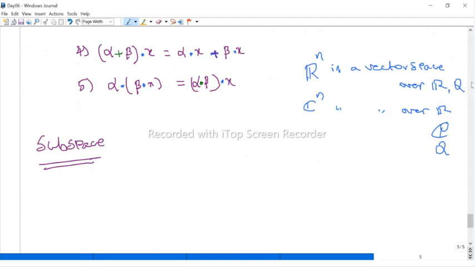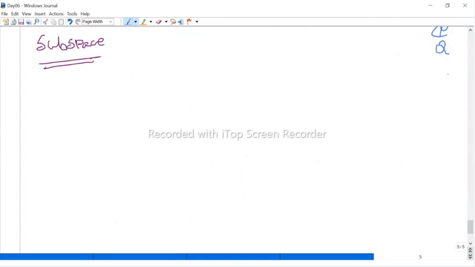So Rn is a vector space over R. You can see Rn is a vector space over Q also, but you cannot see it over C, because it does not satisfy the scalar multiplication. Anyway, I leave the examples of vector space to you.